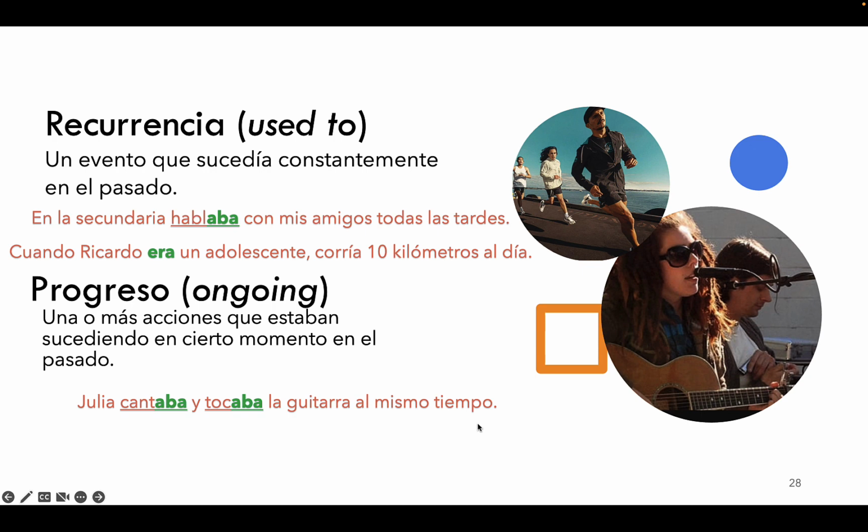So as you can see, both actions have already taken place in the past, and they were taking place at the same time. So that will be part of my description that is using the imperfect.